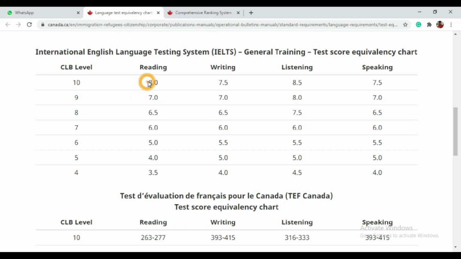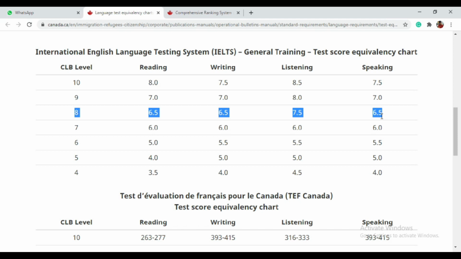If you score 2 CLB 10s, you will be given 6 points. If you score 3 CLB 10s, you will be given 9 points more than a CLB 9. So you see the importance, and I'm not going to discuss CLB 8 because the chances would be very slim if you are in FSW.